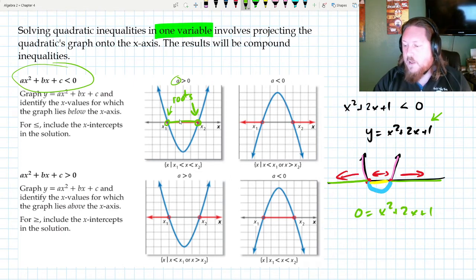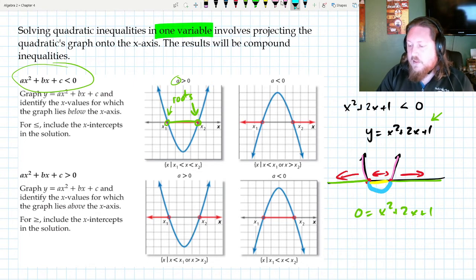Now a very important thing here is, if you notice, the solutions are compound inequalities. If I have a positive a value and a less than relationship with 0 on the right, it's going to be an and inequality. If I have a negative a value with a less than symbol and 0 on the right, it's going to be an or inequality.